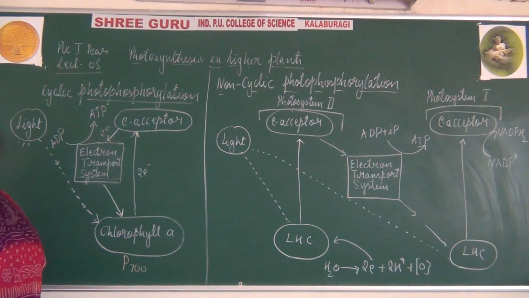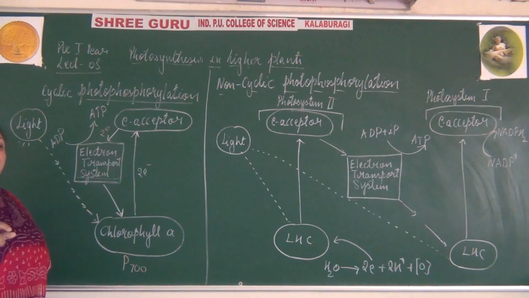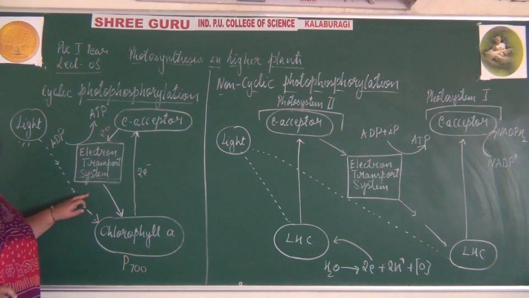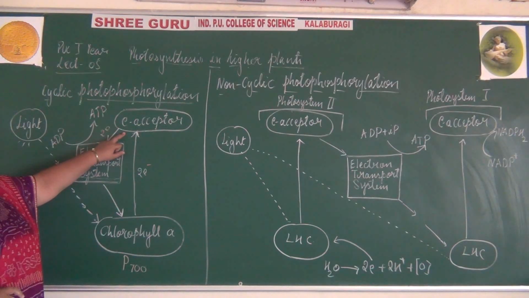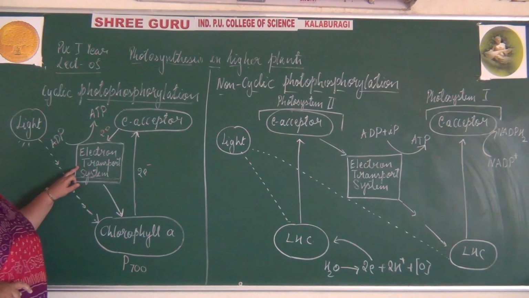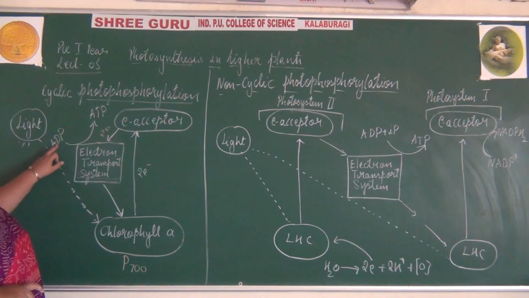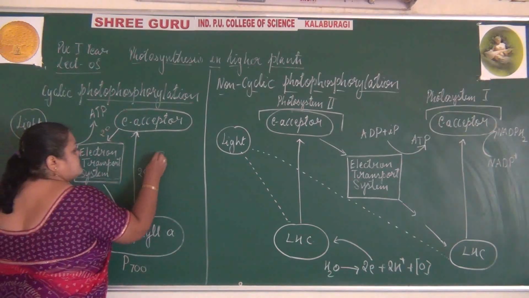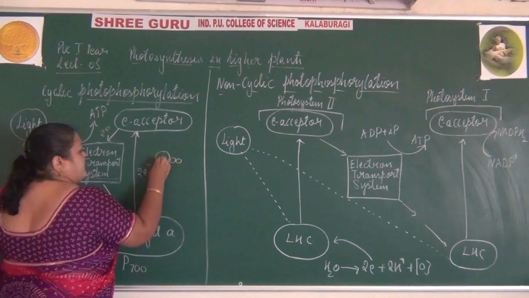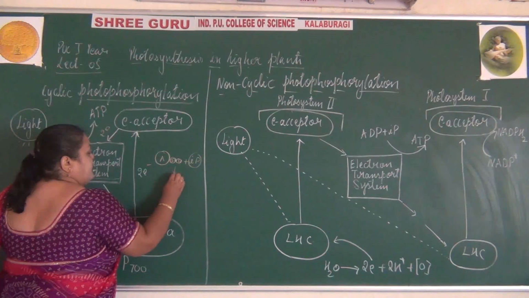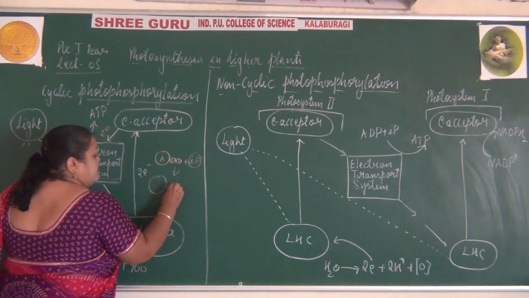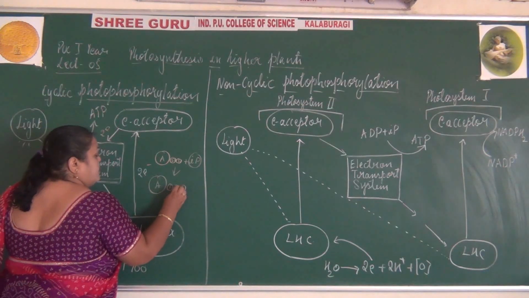So it contains a set of electron carriers. There are pigment molecules present in the electron transport system. As the electrons are passed from the primary acceptor to the electron transport system, with the help of these electrons, adenosine diphosphate combines with inorganic phosphate and forms adenosine triphosphate.